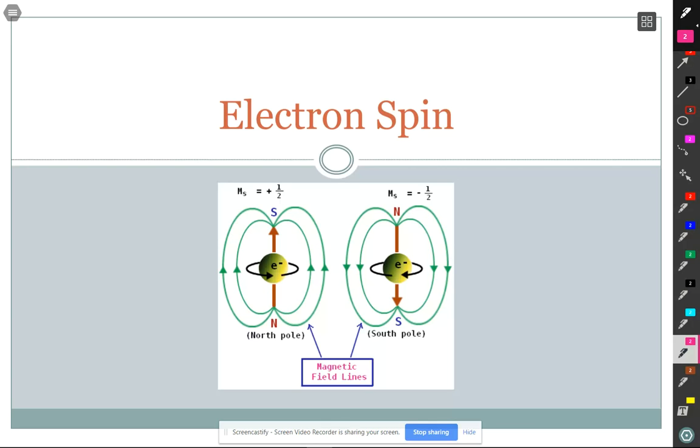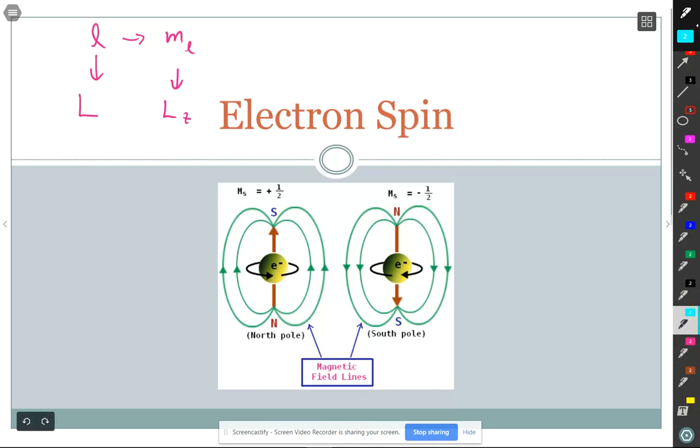Okay. I just want to make sure that we're thinking about the logic of this. We had L, which gave us m sub L. This told us the angular momentum, and this told us the angular momentum in the z direction, right?